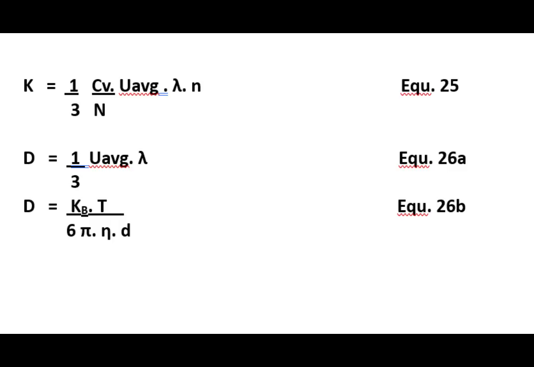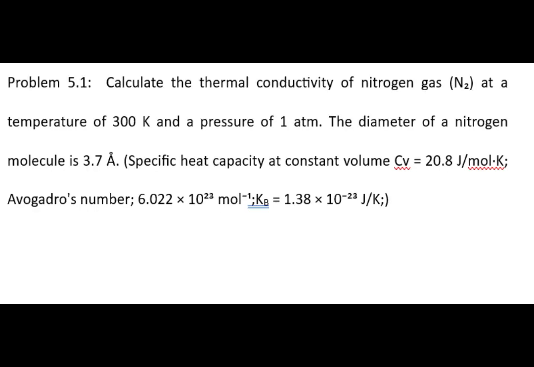Atmospheric studies: in meteorology, thermal conductivity helps explain how heat moves through the atmosphere and contributes to processes like convection and the greenhouse effect. 3. Industrial processes: industries like cryogenics, aerospace, and energy production rely on the principles of thermal conductivity to manage and control heat flow in gases.